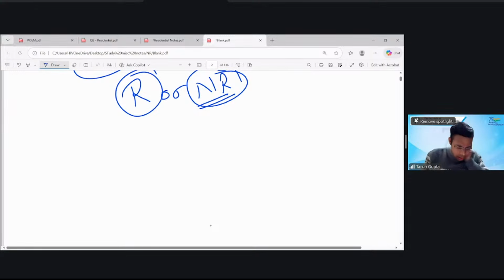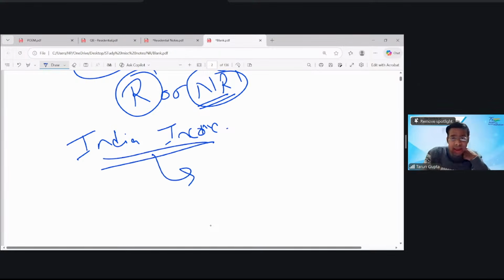Now, a small concept. When I say that income derived from India, or an Indian income, is taxable whether you are resident or non-resident, what do I mean by Indian income? Can anybody say? I'll tell you. Indian income means the income that accrues or arises in India.